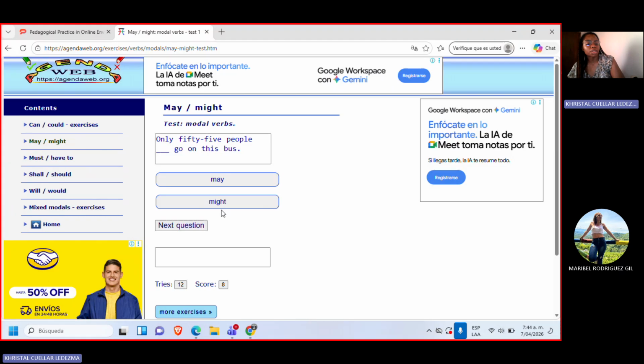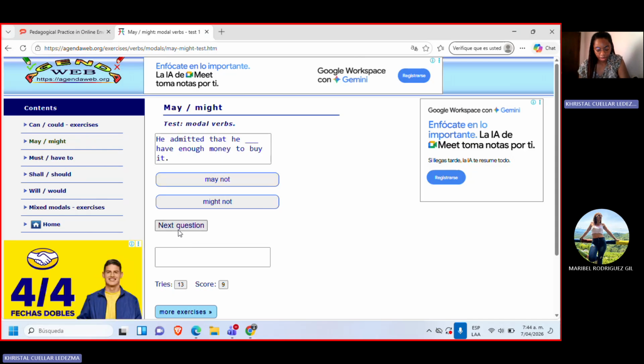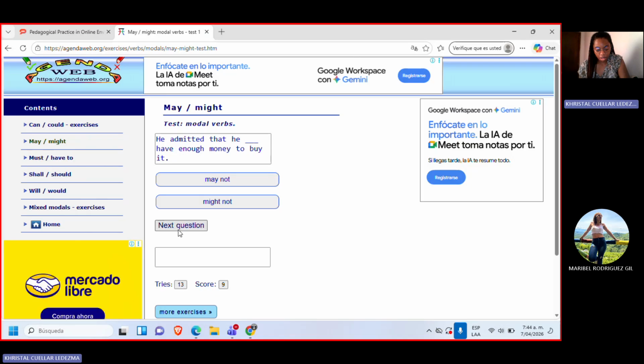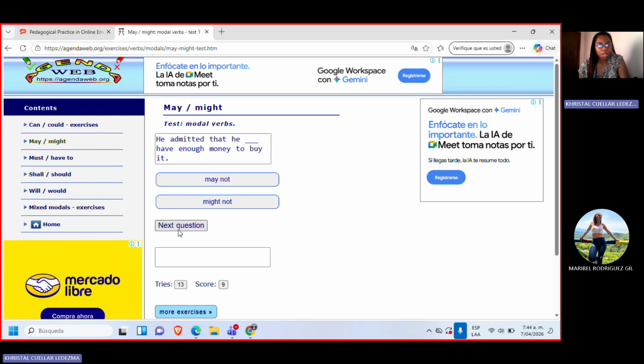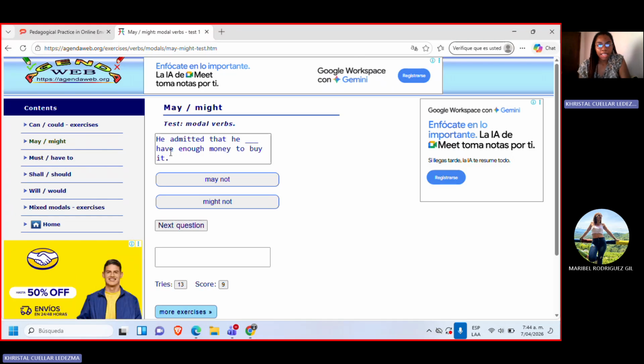Might go on this bus, may go on this bus. He admitted that he may not or might not have enough money to buy it.